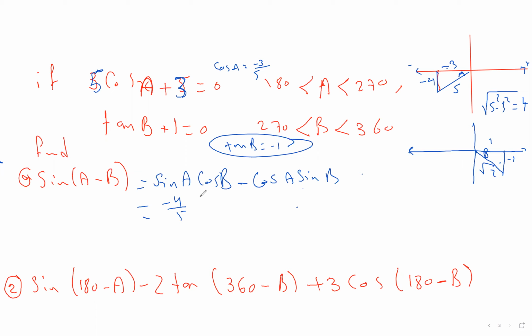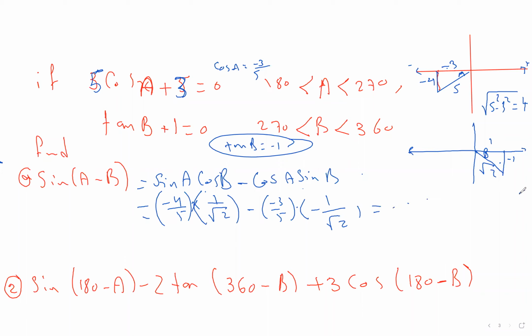Cosine B will be 1 over root 2, minus cosine A is negative 3 over 5. Sine B will be negative 1 over root 2. Okay, and find the answer.